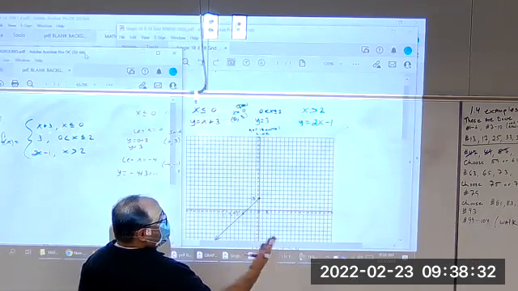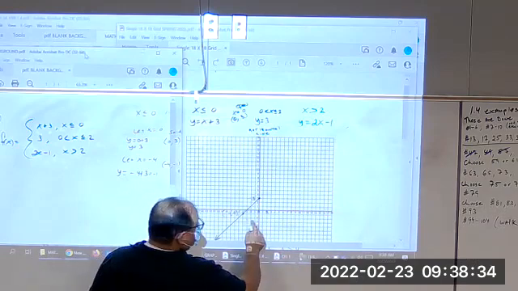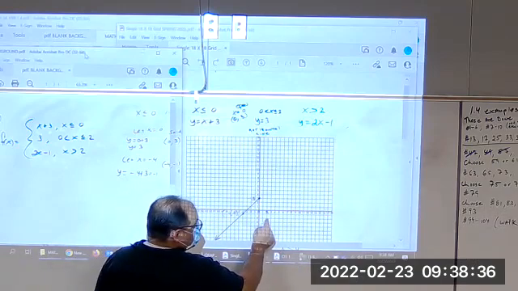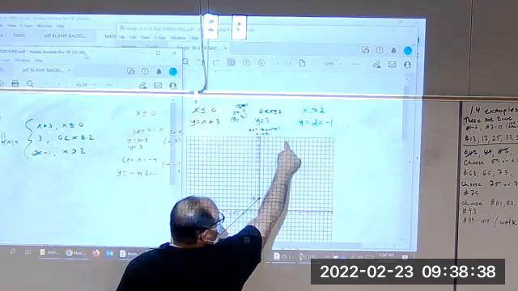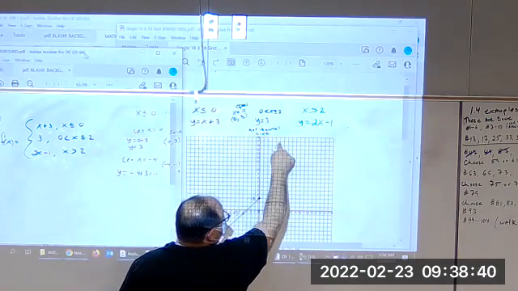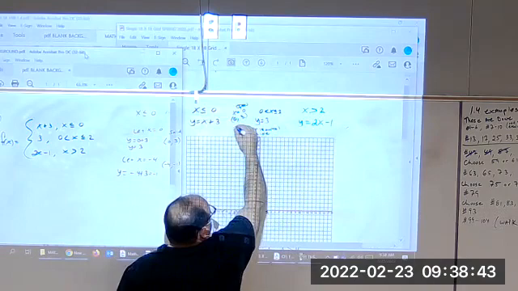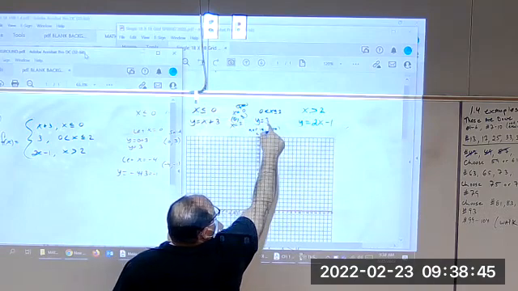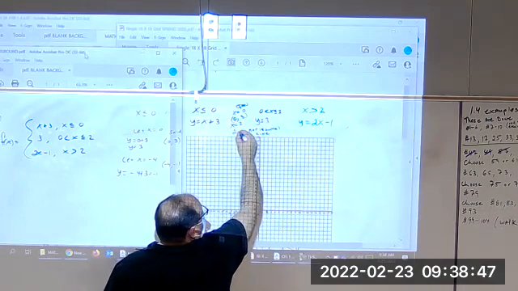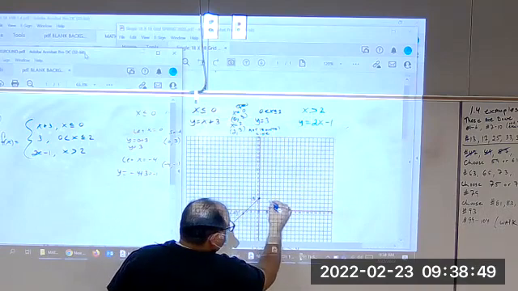And then you only need one more point. So let's go all the way to the other side of the interval. It stops at 2. So let's plug in 2. When you plug in 2, the y is always 3 because it's a horizontal line.